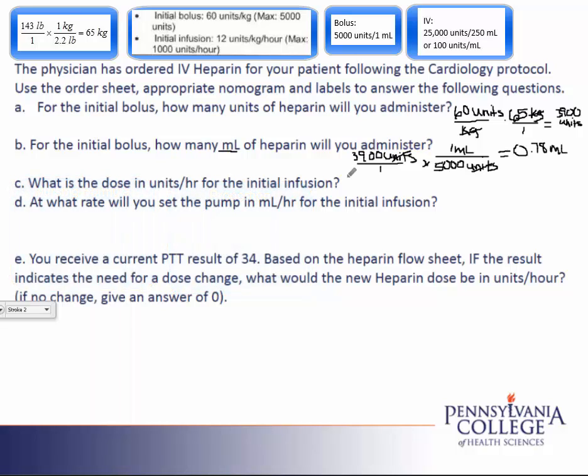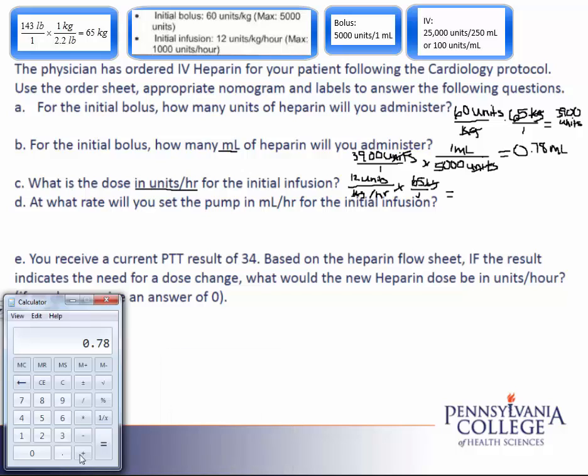Part C asks me for the dose in units per hour for the initial infusion. I'm going back to the information that I copied from the cardiology protocol, and the initial infusion is to be 12 units per kilogram per hour. So I'll take that amount and I'll multiply it by the patient's weight of 65 kilograms.